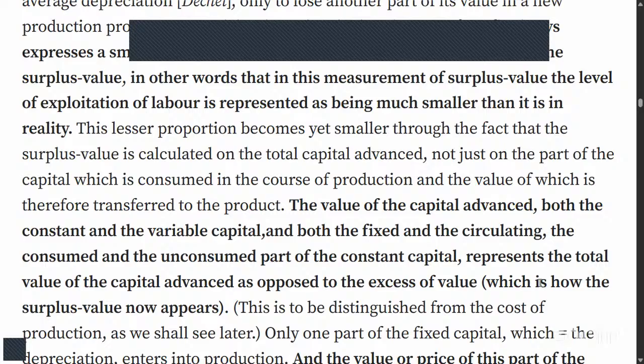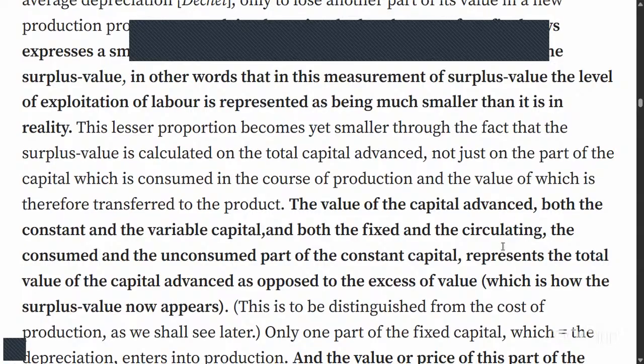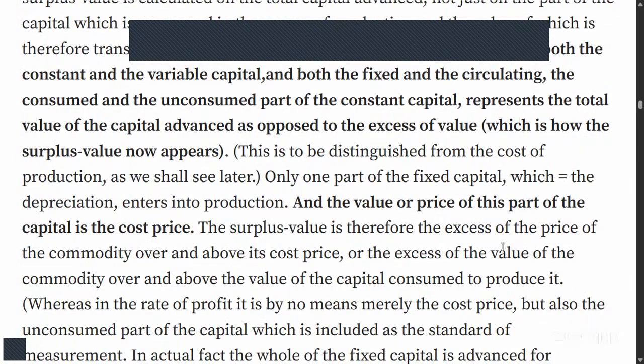Now, this is to be distinguished from the cost of production, as we shall see later. Only one part of the fixed capital, which equals the depreciation, enters into production. And the value or price of this part of the capital is the cost price.